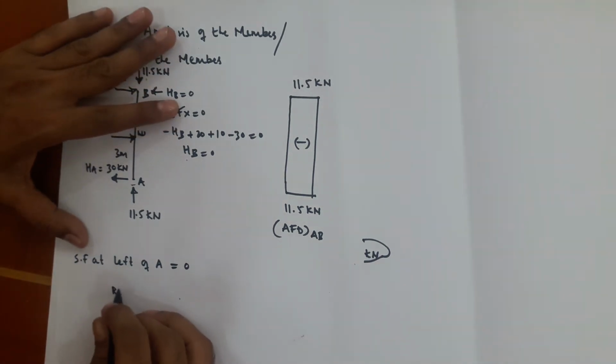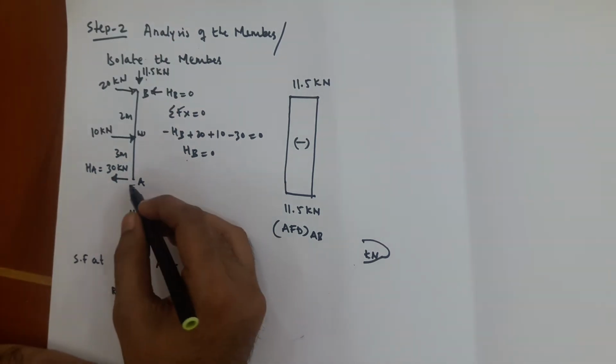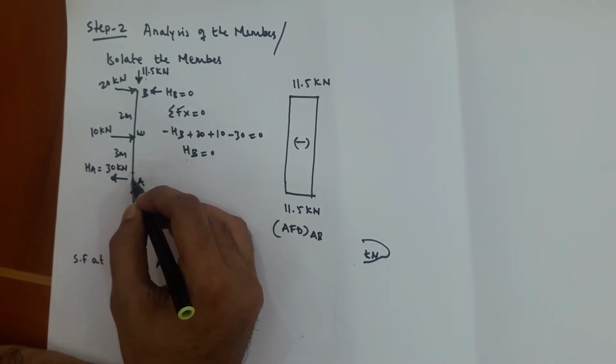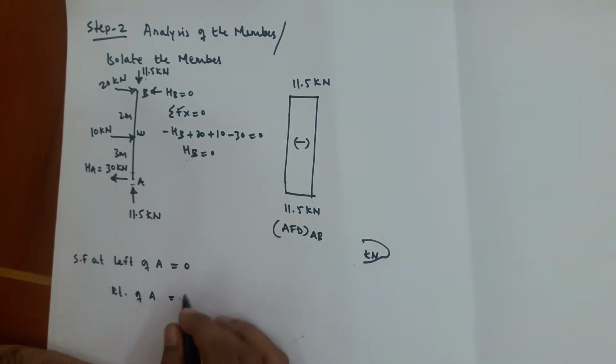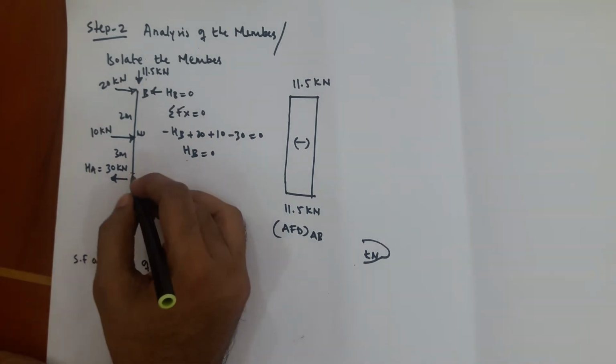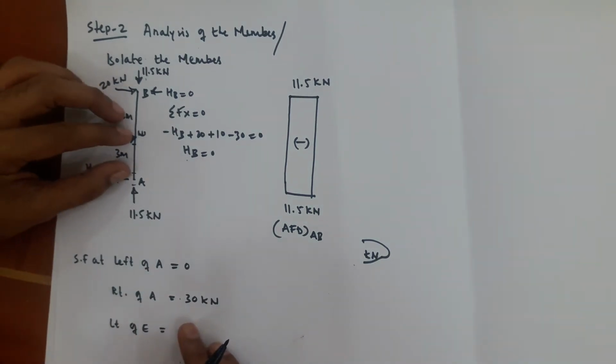At right of A, at left of A is 0. You are going from left of A to right of A. One force is going upward, plus 30 kilonewton. Next point is E. Left of E, from right of A to left of E, you do not have any new force.